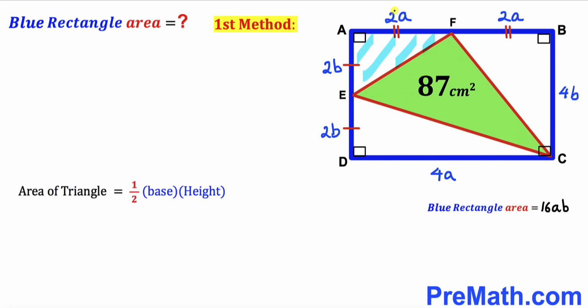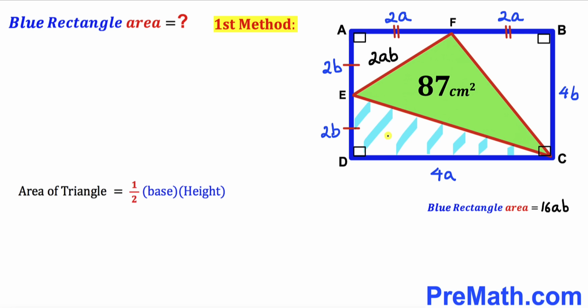Its base is 2 times A and the height is 2 times B. So the area of this triangle is going to be a half times 2 times A times 2 times B. And if we simplify, that is going to give us 2 times AB. So the area of this triangle turns out to be 2 times AB.